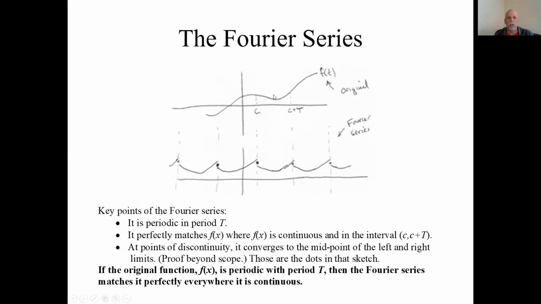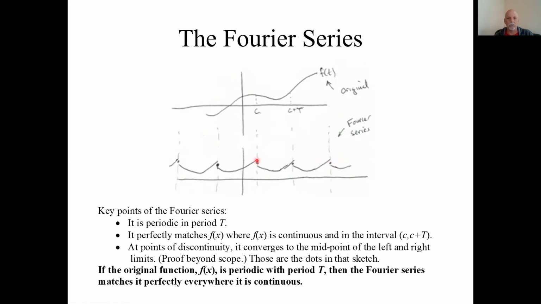It will look just like the original function in that interval. So this from here to there is a duplicate of from there to there. But outside of that interval, you just get an infinite number of clones of that, each with period capital T.